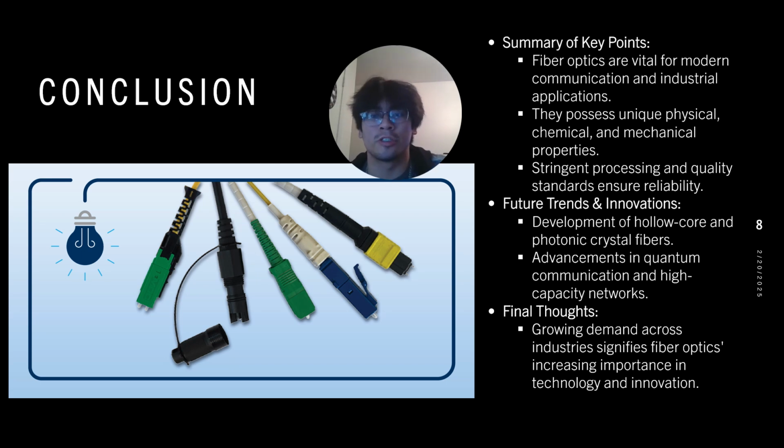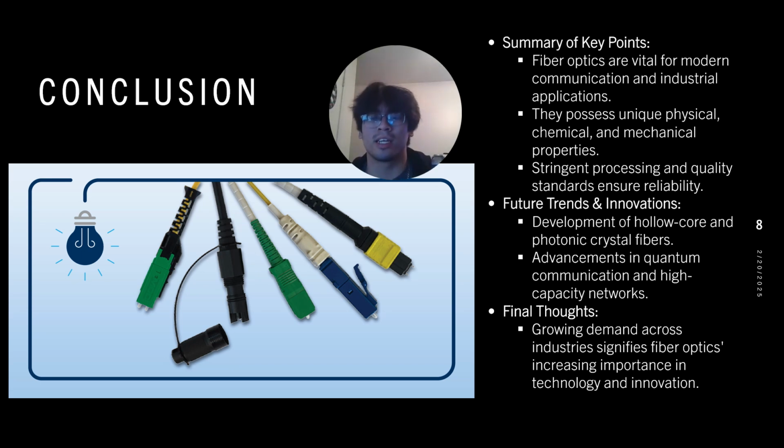Now, as far as future trends and innovations, there have been developments in hollow core and photonic crystal fibers, which increase the speeds and make it so that it can hold all that information within the light source way better and travel way faster as well. There have also been advancements in quantum communication and high capacity networks, along with these fiber optics as the base.